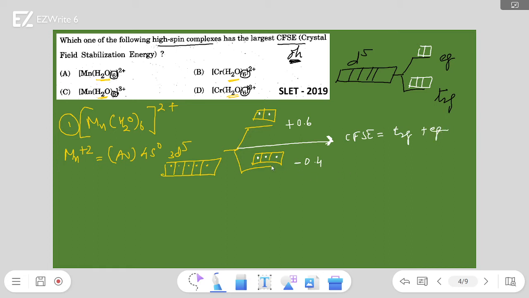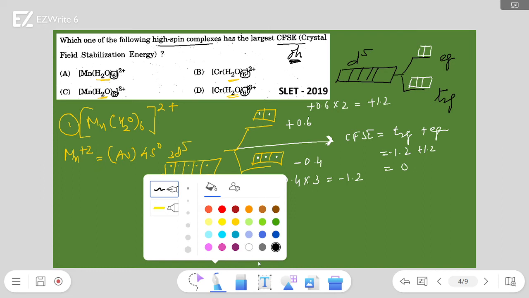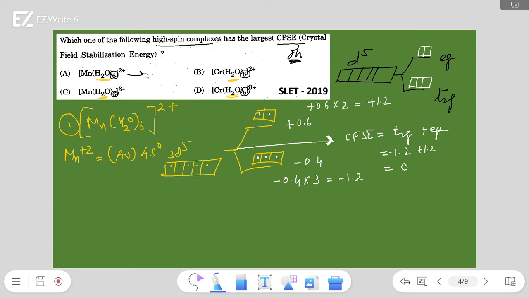Each electron is minus 0.4, there are 3 such electrons, so the value will be minus 1.2. Each electron is plus 0.6 and I have 2 such electrons, so it will be plus 1.2. Adding minus 1.2 plus 1.2, my answer will be 0. So the CFSE calculation for my first option resulted in a value of 0.